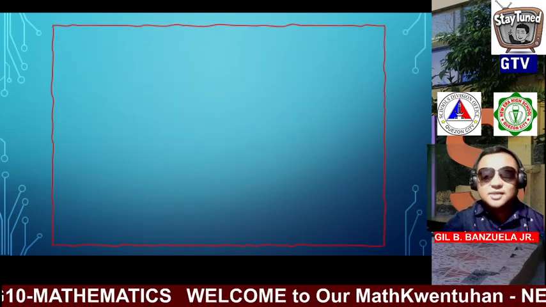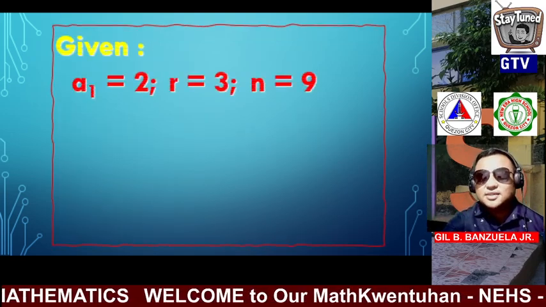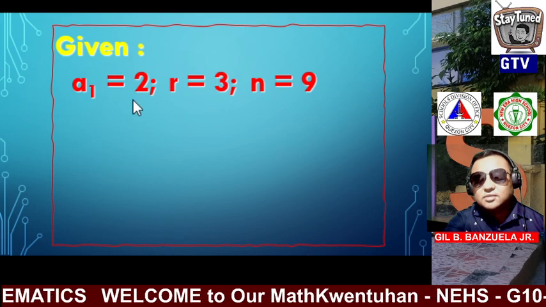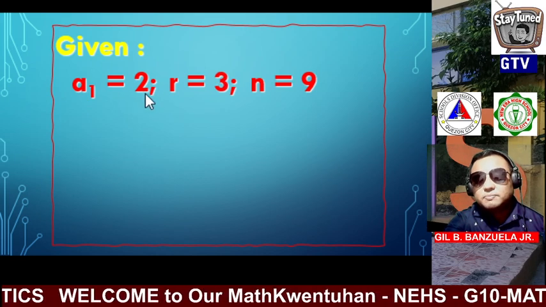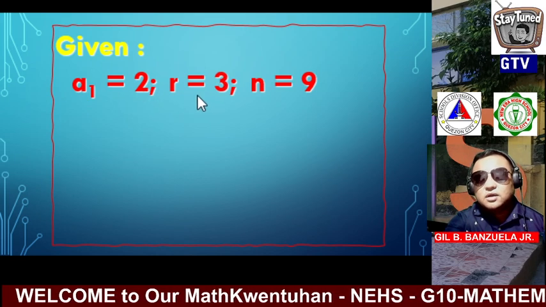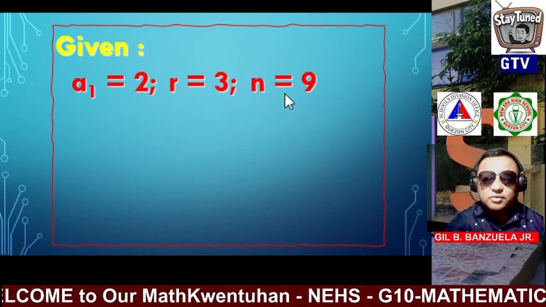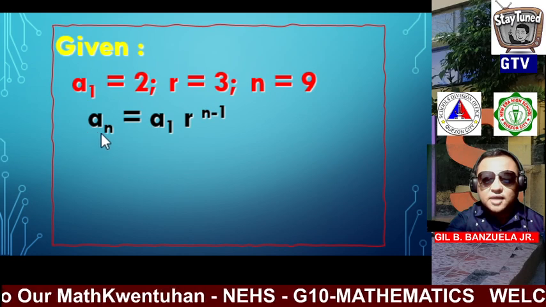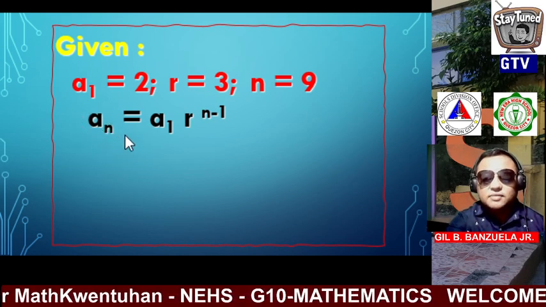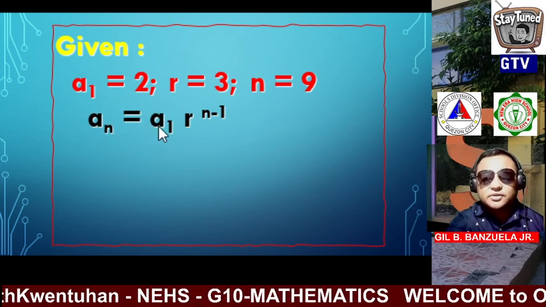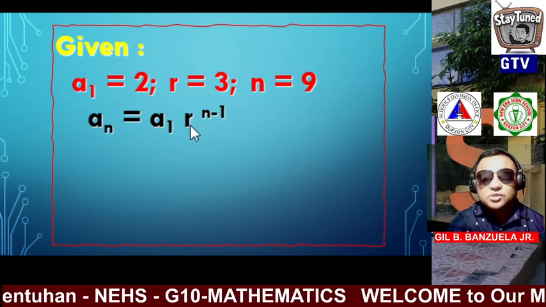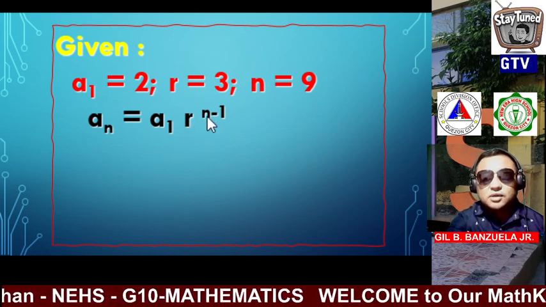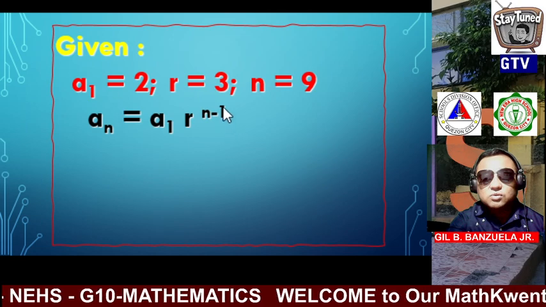Okay, so let's deal with all the given. Let's list down the given. Based on the problem, our first term is 2, the common ratio is 3, and the number of terms is 9. So we are now ready to state the pattern: the last term is always equal to the first term multiplied by its common ratio raised to the number of terms minus 1.